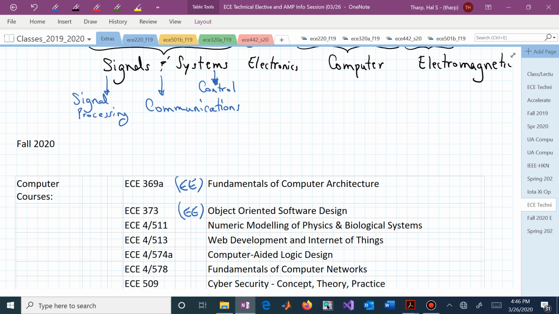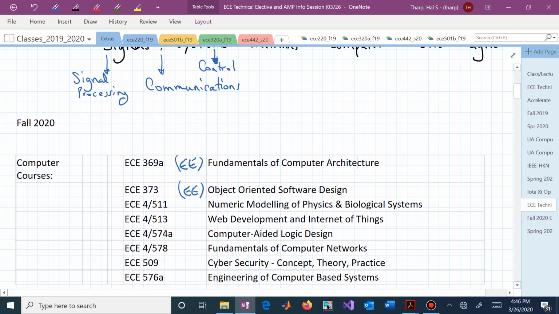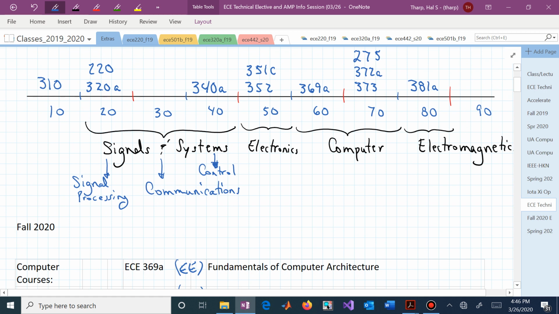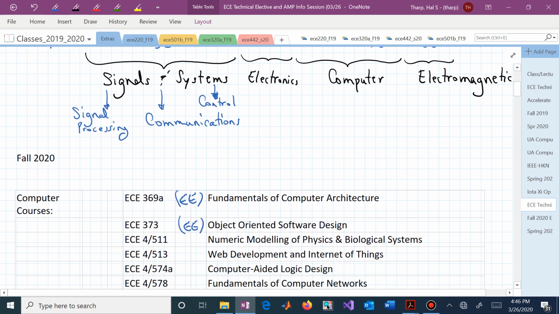That then gets us into the fall, and I've tried to categorize these or organize these technical electives consistent with these different areas: computer, electromagnetics, electronics, signals and systems.